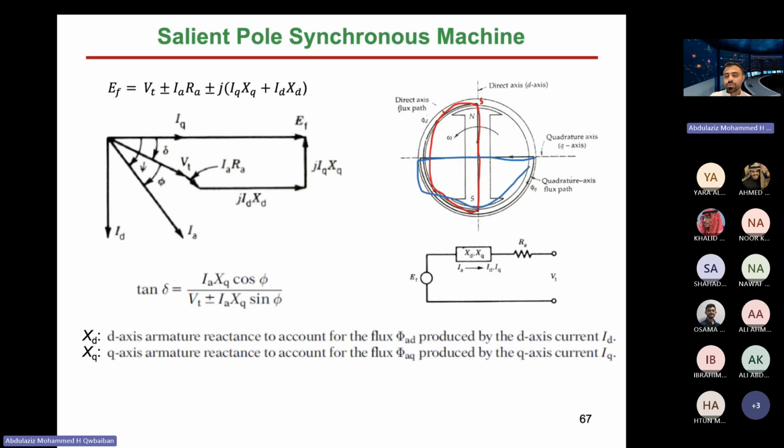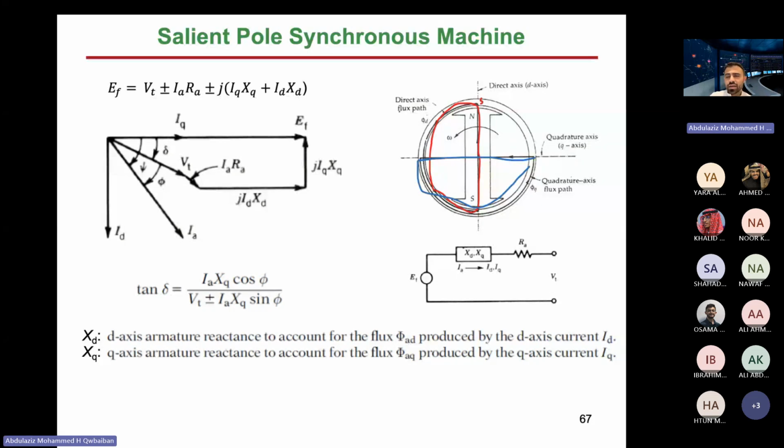Again, poles will change across time, so this salient pole would rotate. The quadrature after some time will be up, the direct after some time will be on the same quadrature side, at a speed of omega, which is 2 pi 60.